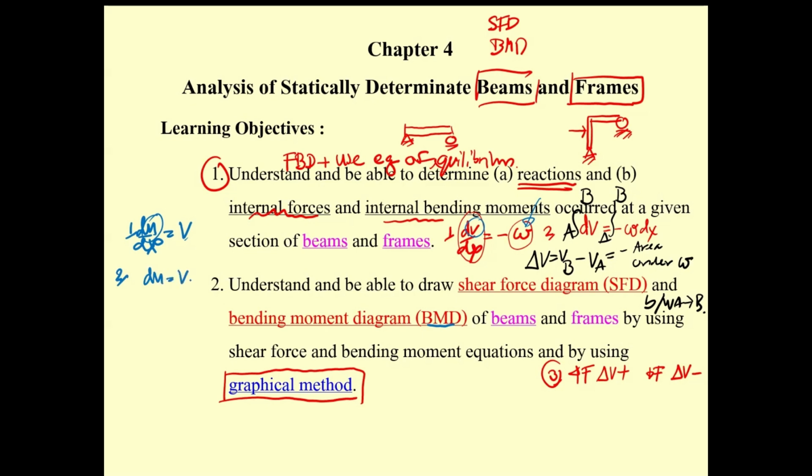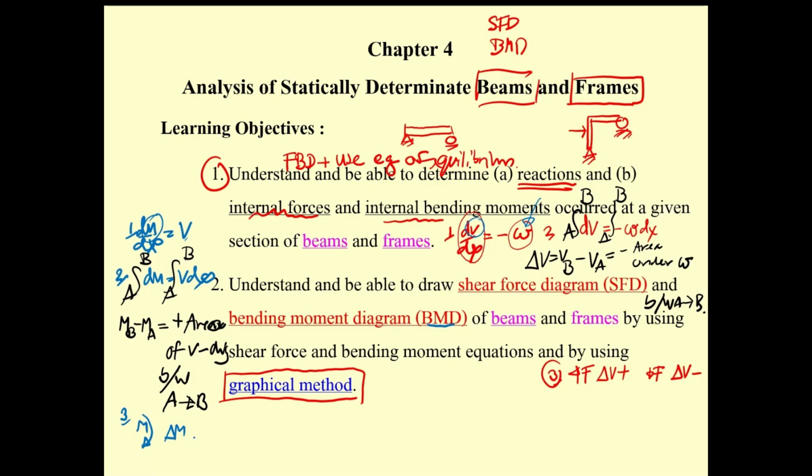You have dM equal to V dx, and then you do the integration from A to B. You will have M sub B minus M sub A equal to the positive of the area of the shear diagram between A and B. And then the last one is, if you have a clockwise moment, the jump in M is going to be positive.